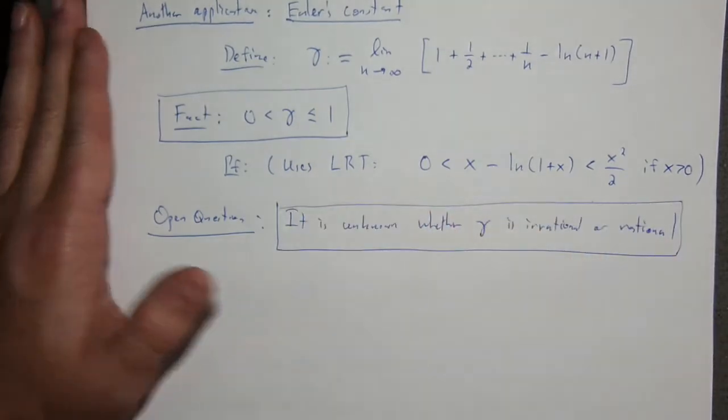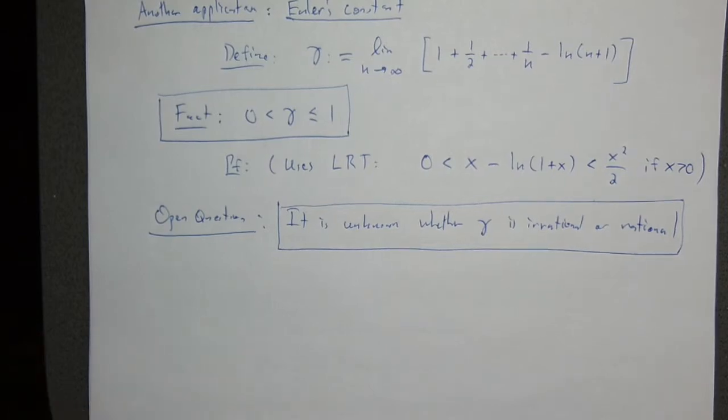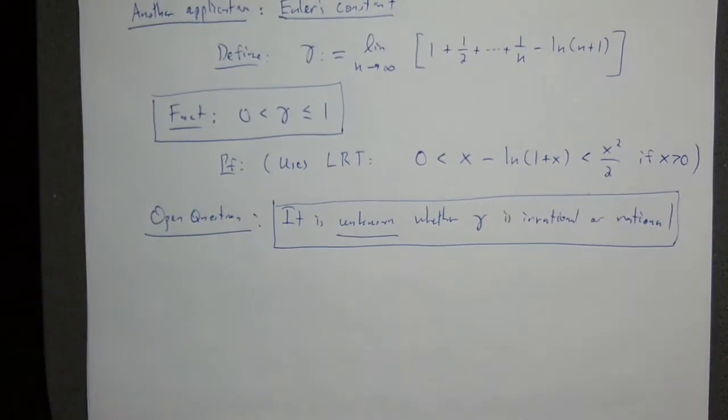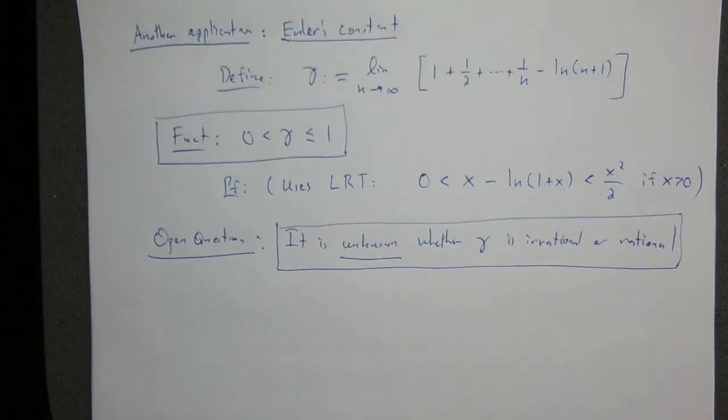This would make you a very famous mathematician if you could answer this question. Okay, it is not known. And keep in mind, for those of you that know a little bit more about terms coming from algebra or number theory, like transcendental, you might know that it was actually a very tricky thing for mathematicians to show that e and pi were transcendental.